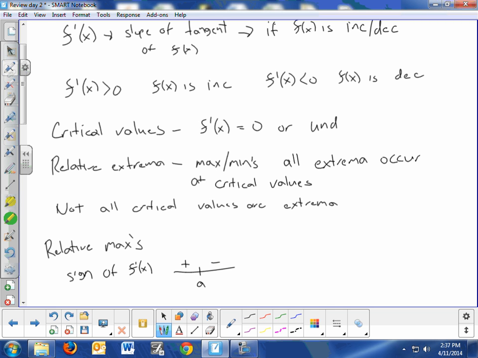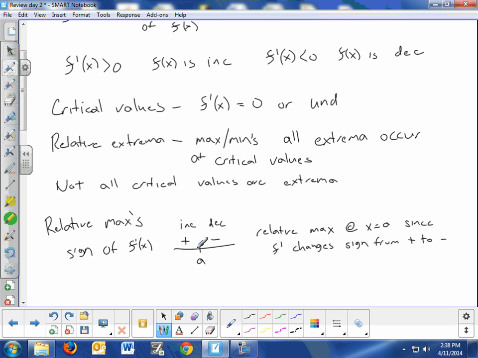You're going to have to draw that number line, do your work, and then in your explanation you said, we have a relative max at A because the slope or the first derivative goes from positive to negative at A. Because we're going from increasing to decreasing at A. So you can do this, but then you'd have to say this in your justification.